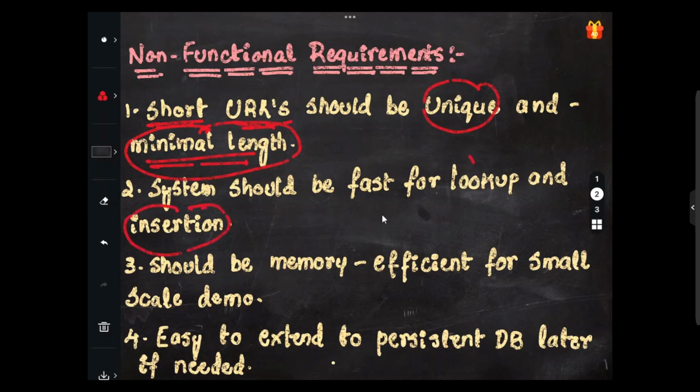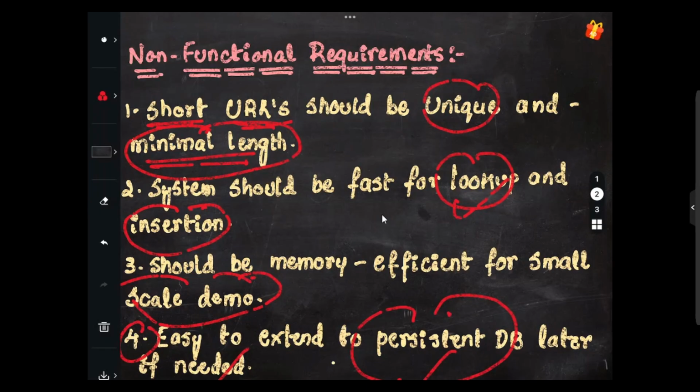It should be memory efficient for the small-scale demo. The final one is that it should be easy to extend to a persistent database later if needed. So this is about the non-functional requirements.